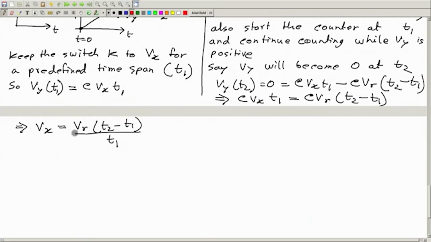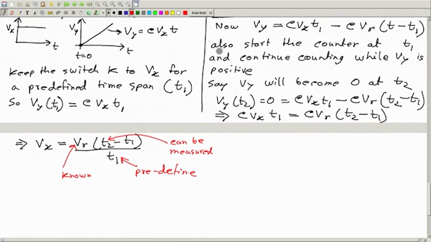Now you observe that Vr is known, this time t1 is a predefined time, fixed time. t2 can be measured. How? Using the counter. So that's why we said start the counter at this moment.